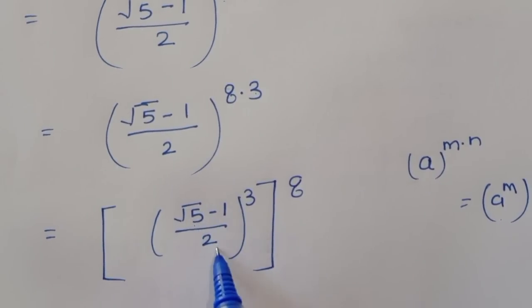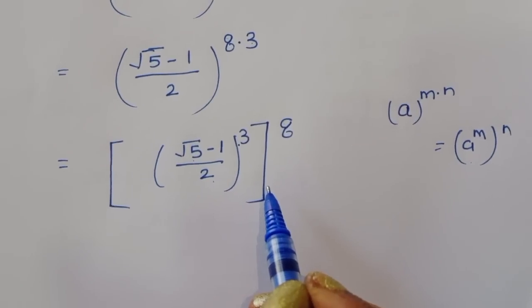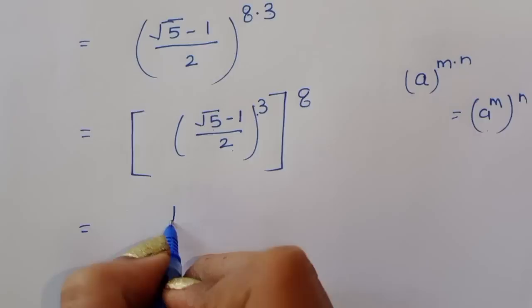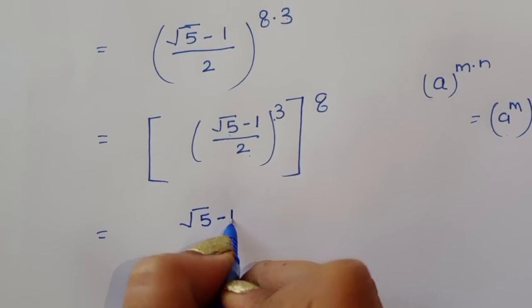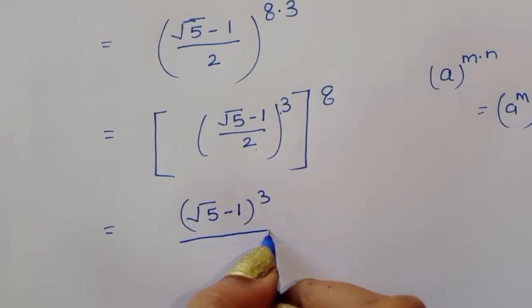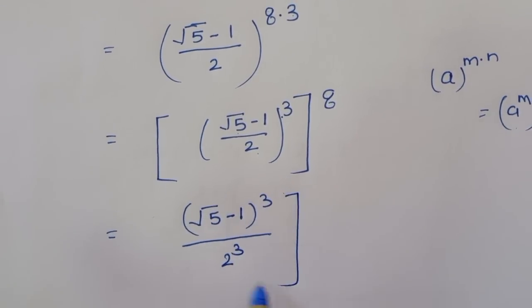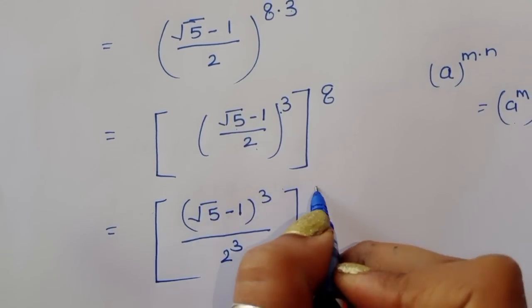So square root of 5 minus 1 divided by 2, power 3, whole power 8, is equal to square root of 5 minus 1, power 3, divided by 2 power 3, and we are separating the power here: 2 power 3, whole power 8.